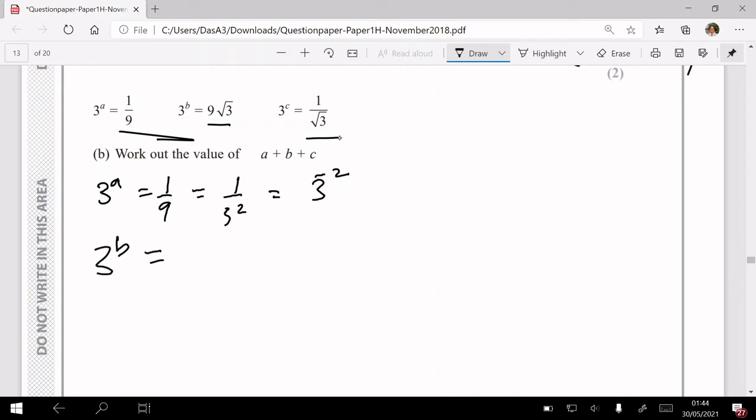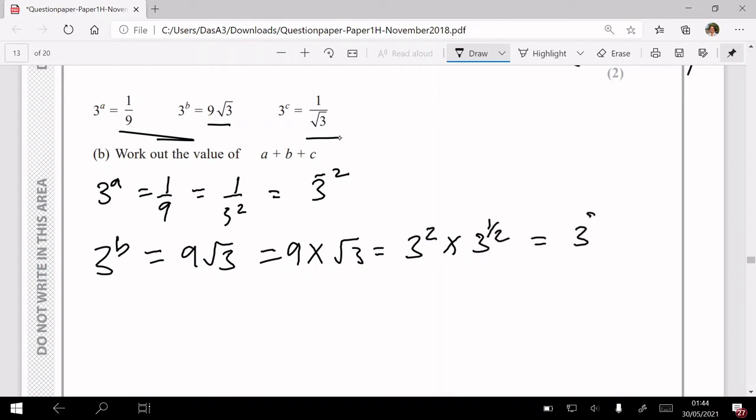So we are working in reverse here. 3 to the b is 9 times root 3, which is 3 squared times 3 to the power of half, which is 3 to the power of 2.5. And perfect. Let's move on to the next one. 3 to the c is equal to 1 over root 3, which is 1 over 3 to the power of half.